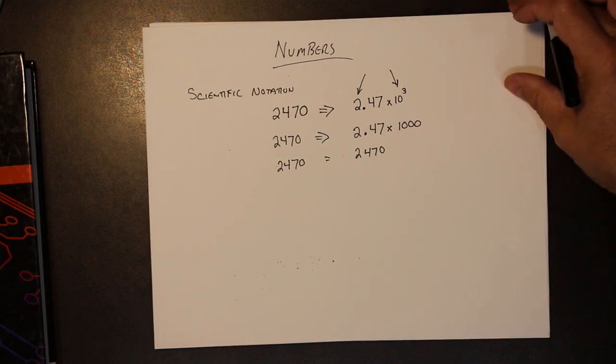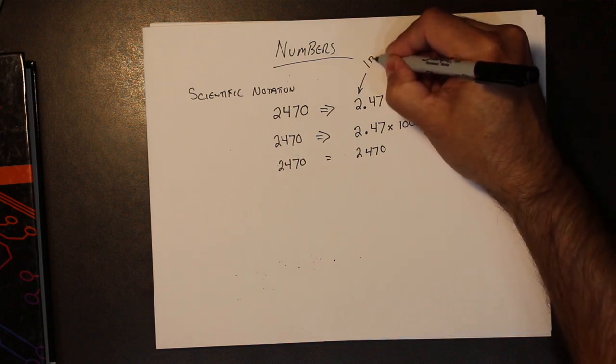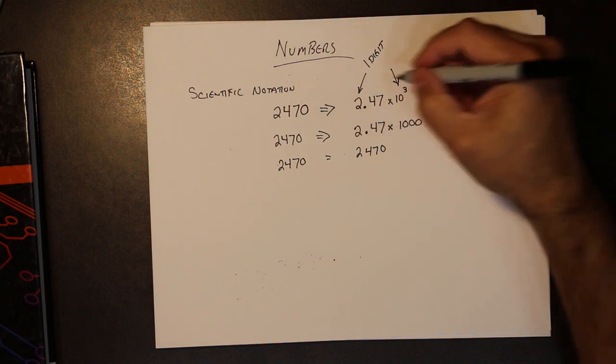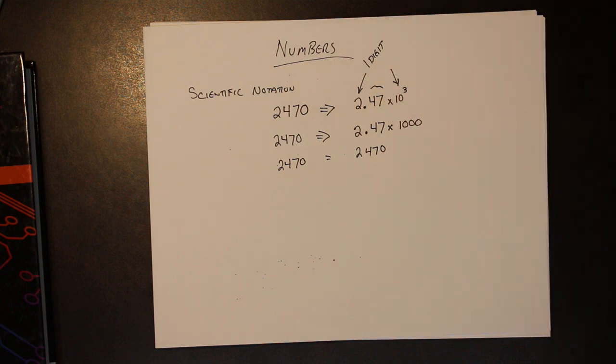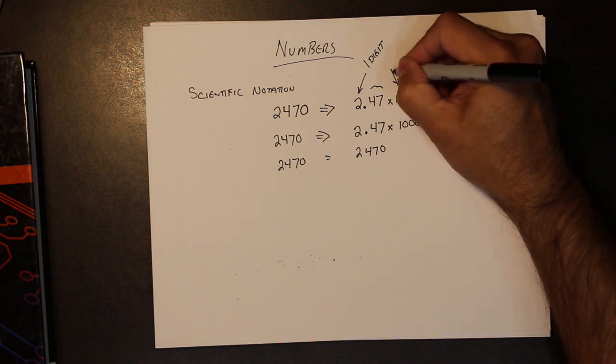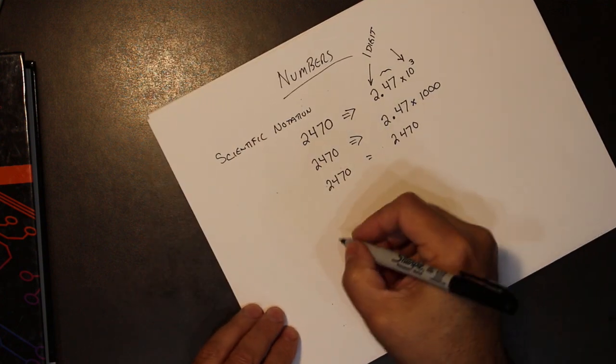That particular form takes into account one digit before the decimal, then the decimal, then the remaining digits, and then a multiplication factor that is based on powers of 10.